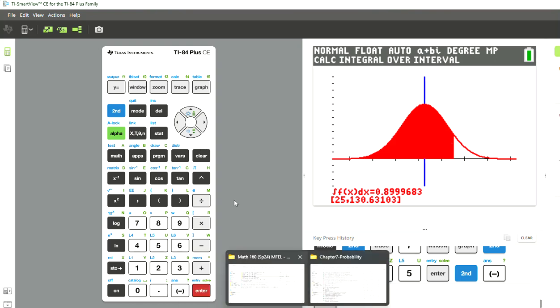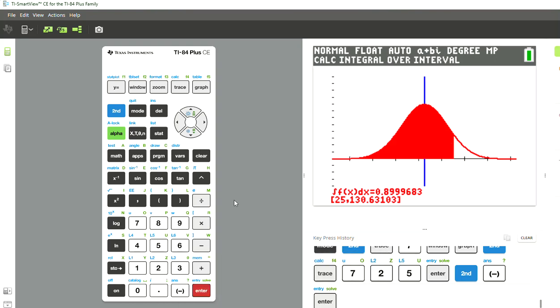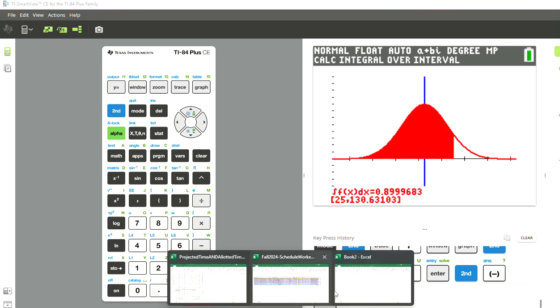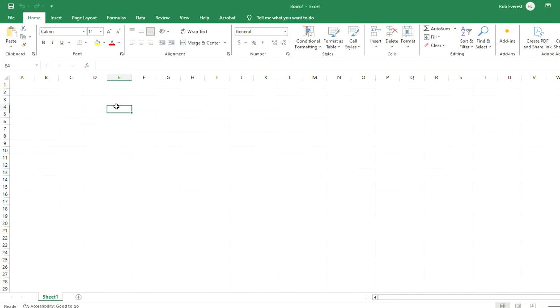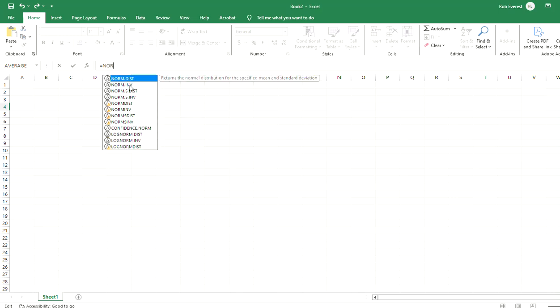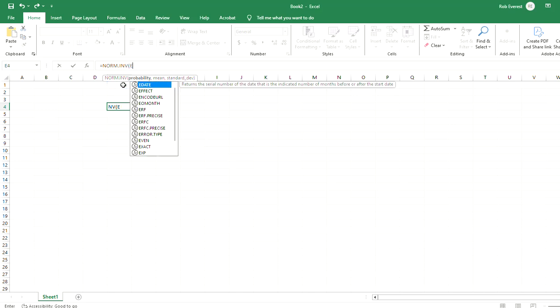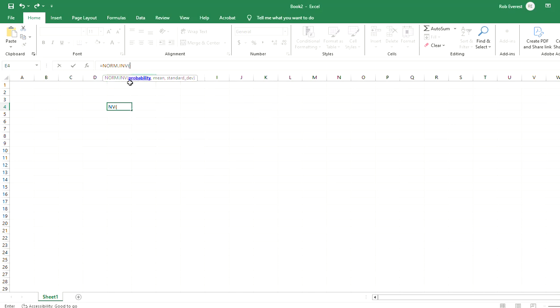If we were to try the same problem in Excel, we would need to use something similar to the inverse norm function, which is called NORM.INV. If I push an equal sign here and start typing NOR for the normal distribution, you'll notice that the second line item is NORM.INV, and it automatically tells you the syntax and what comes next.